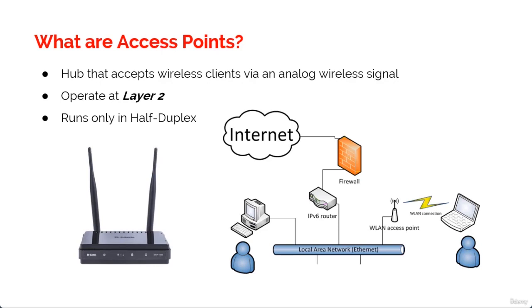Understand that an access point, commonly known as an AP by its initials, is just a hub that accepts Wi-Fi clients via analog Wi-Fi signals, and they access at layer 2, that is the data link layer. Now, it's no secret that Wi-Fi is the key to all the networks in the world today. Even your phone is wirelessly communicating through the web through your router.